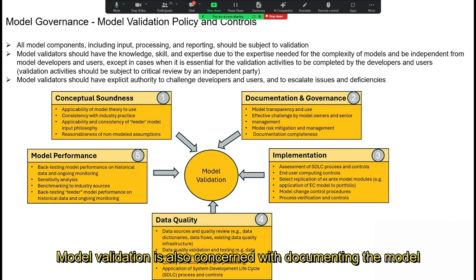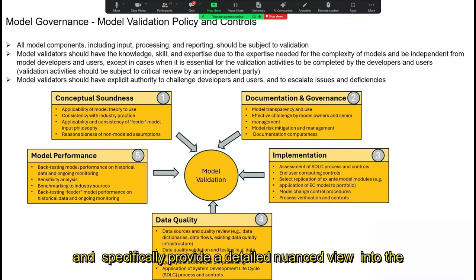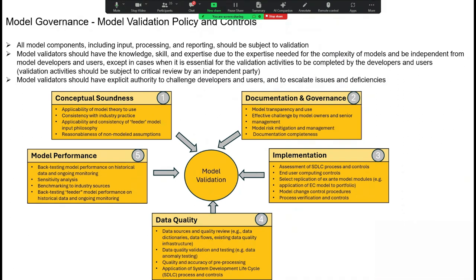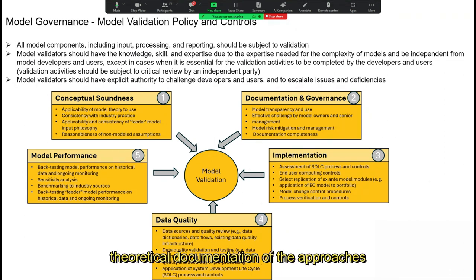Model validation is also concerned with documenting the model: the modeling business requirements documents that outline A to Z approaches, and specifically provide a detailed and nuanced view into the types of data that a model requires, the data sets and the data feeds relied on to gather these data sets, as well as theoretical documentation of the approaches to building out the model forecasting engine.